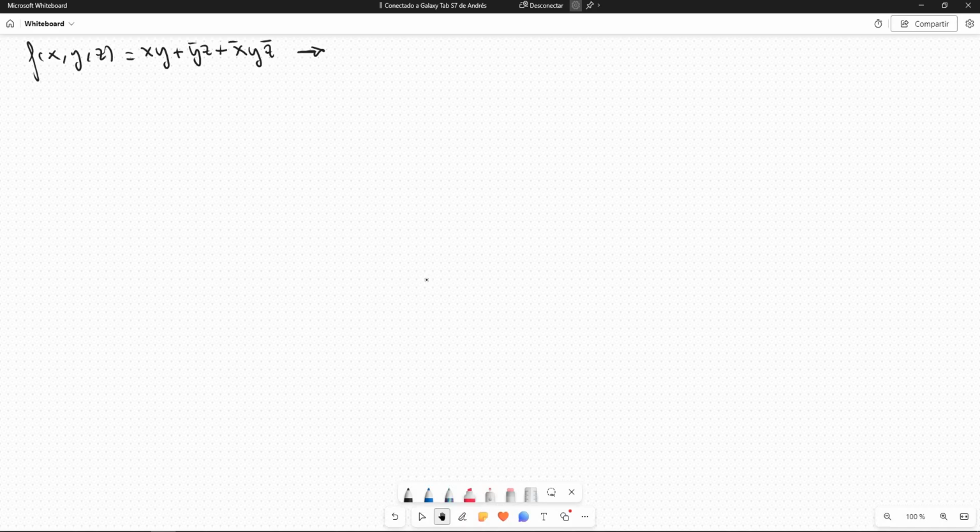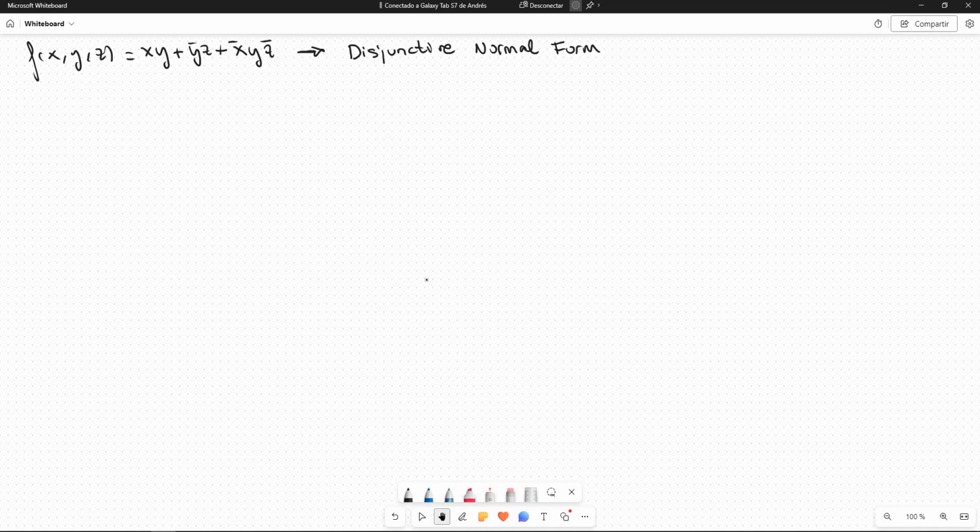We can see that we have 3 product terms, because we have 3 products of literals of the function, and they appear at most once. So if we have a sum of product terms, we have the disjunctive normal form.